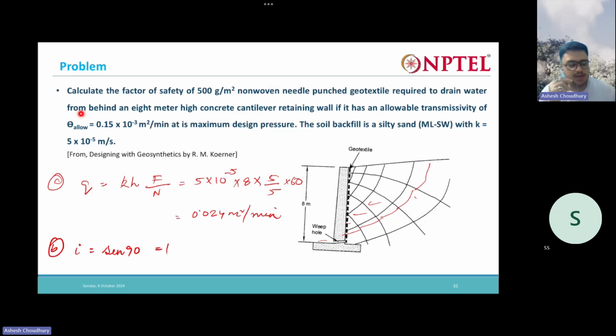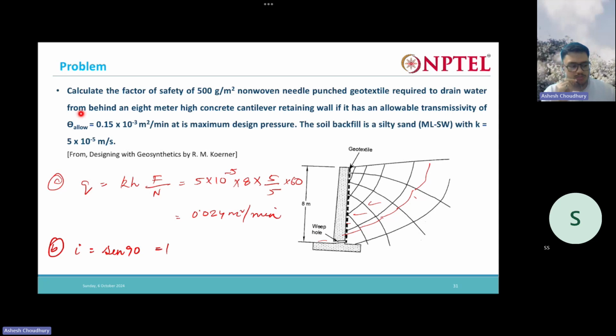Then we have this problem. Here we have a retaining wall, and there is a drainage layer placed along the face of the retaining wall. The purpose of the drainage layer is to drain out the water so that we do not have excess water pressure generated, which can be detrimental to the safety of the retaining wall, right?